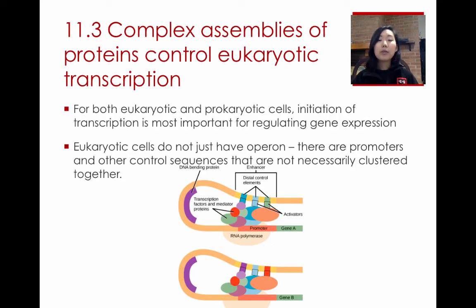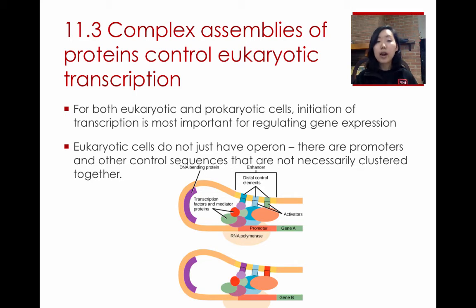Okay, so eukaryotic transcription regulation is a little bit more complex than prokaryotic. In prokaryotes, we talked about how transcription is really related to the operon, and you pretty much have just a promoter and the operator.